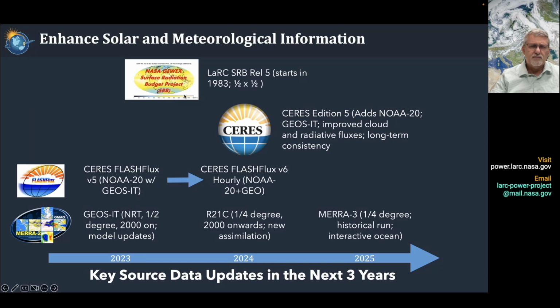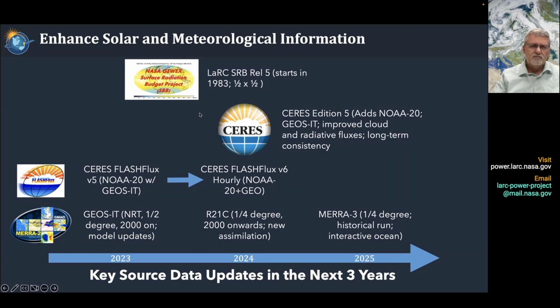The Surface Radiation Budget project and CERES are reprocessing and providing updated versions, and CERES FLASHFlux as well. So this year, CERES FLASHFlux will begin using a new satellite, and we should see a new version of FLASHFlux within a few months. And then CERES is going to reprocess and provide new data products.